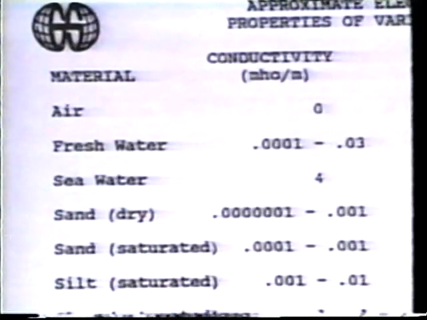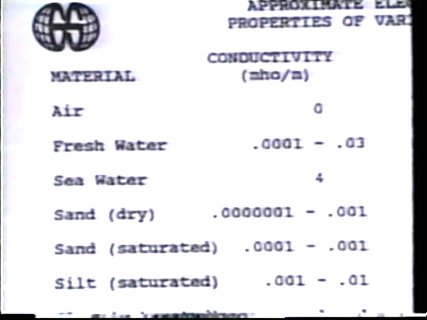The conductivity of water-saturated clay is high enough that it will greatly limit the penetration of the radar signal. Salt water is so highly conductive, it effectively blocks the radar signal from penetrating. On the other hand, dry sand, limestone, granite, asphalt, and concrete have low conductivity and allow good radar penetration. The chart in your manual also lists the electrical conductivity of typical subsurface materials.